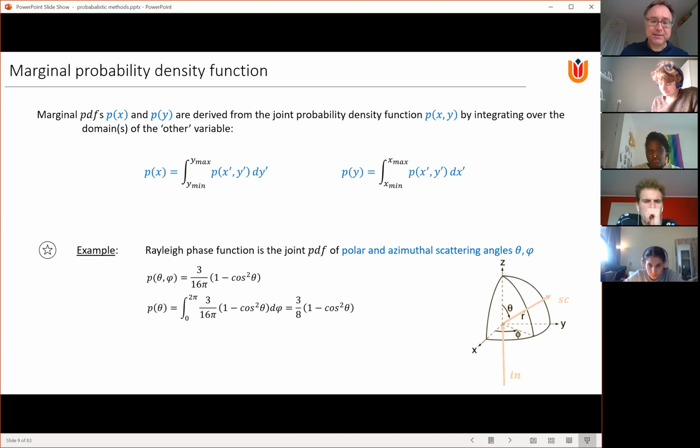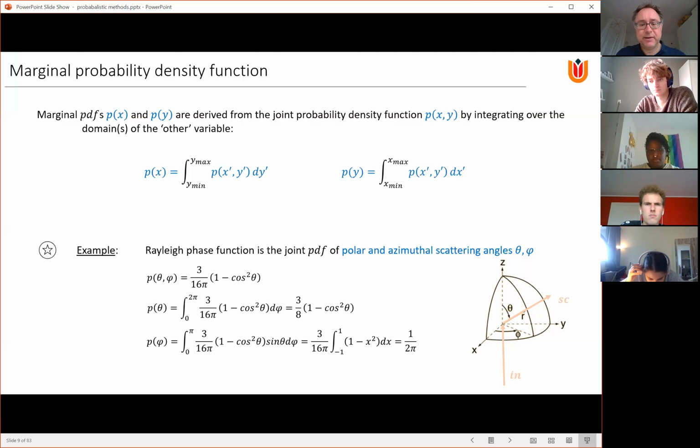It is properly normalized. So in order to get the marginal probability density function for theta, that would require integrating over phi, from 0 to 2 pi, and then you find that the marginal probability density function for theta, p theta, is, as given here, 3/8 times 1 minus cosine squared theta.